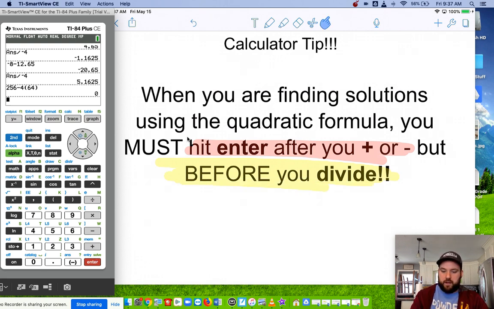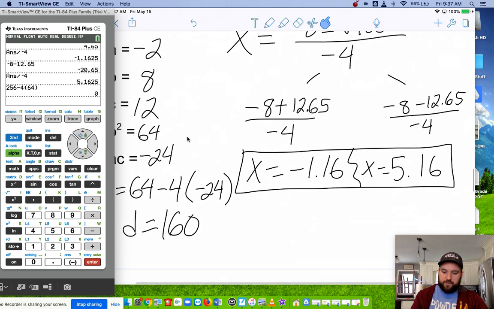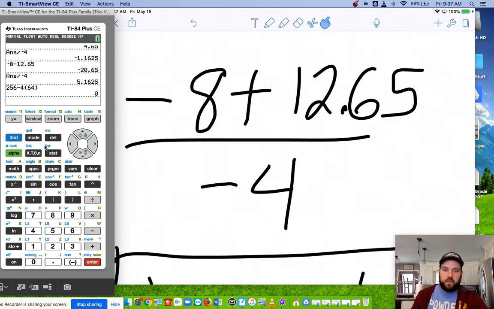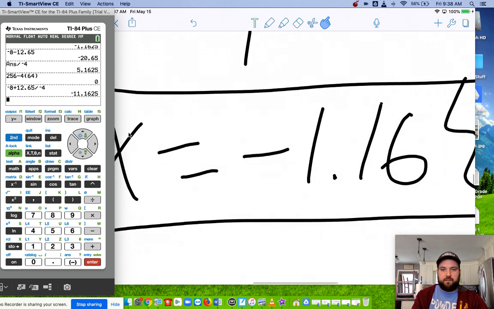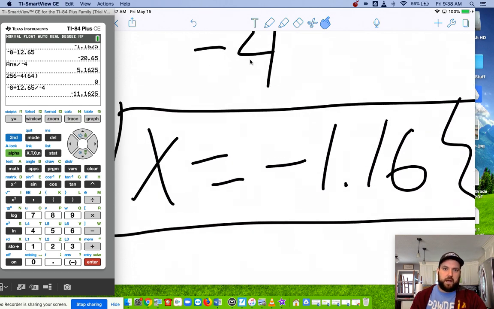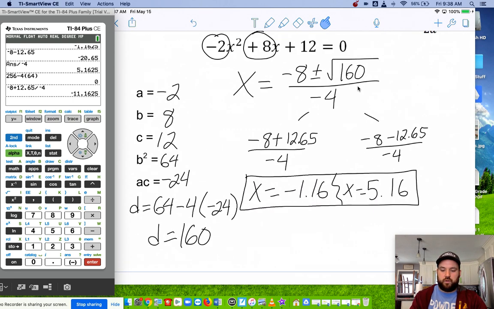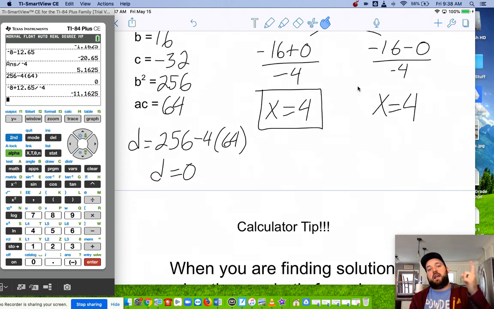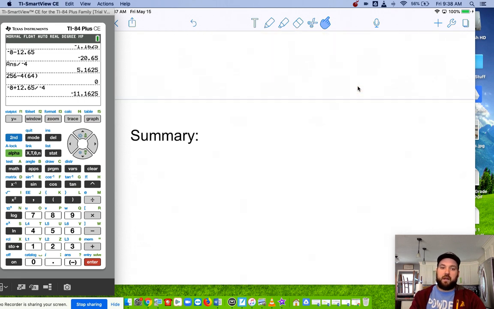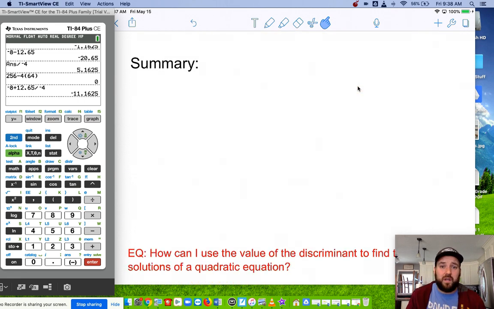If we were to go back just real quick, if I wanted to type this answer into my calculator and I did it all in one step, 12.65, and I divided by negative 4, and I typed it all in one step, I'd get negative 11.1625, which is not the same as what we got here. Okay, so make sure when you are calculating, you hit enter after you add or subtract, and then you go ahead and divide by the number on bottom. That's going to do it.